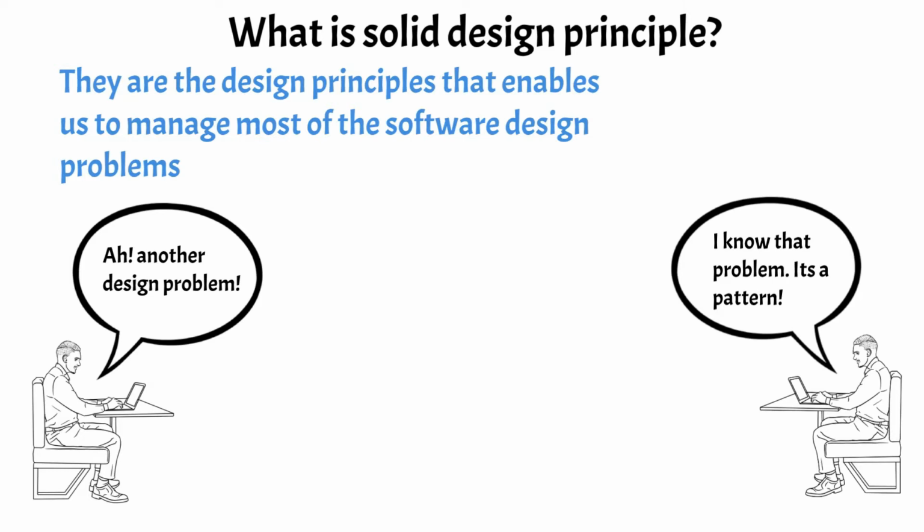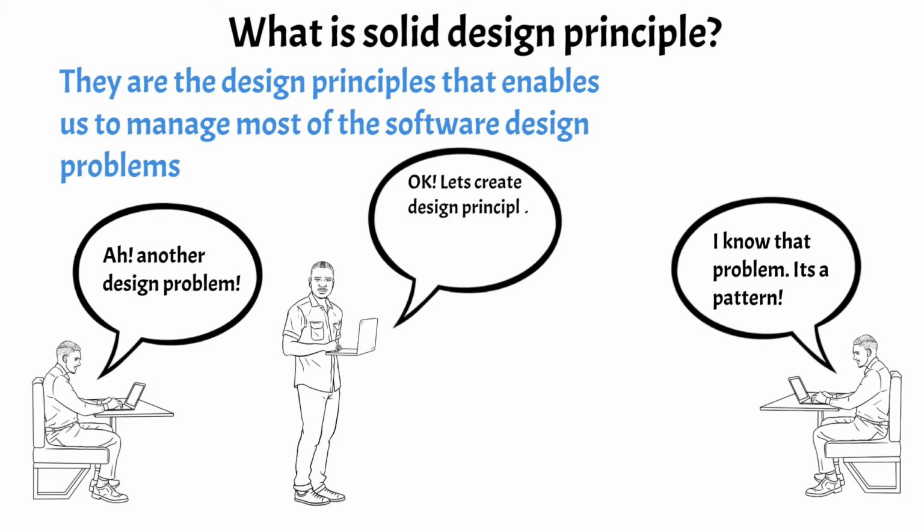Which clearly means that these SOLID design principles are created to avoid any such software design problems that we may encounter in future if we do not follow these rules which we need to consider during the design of our software application.